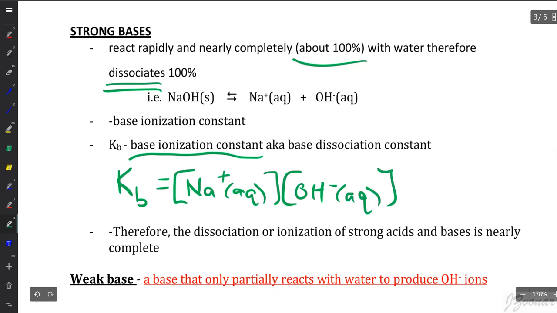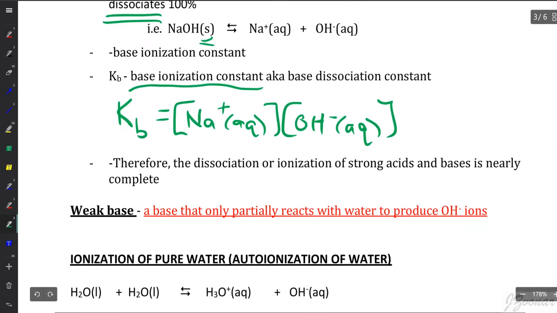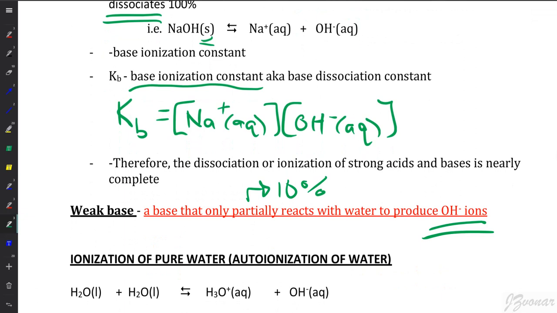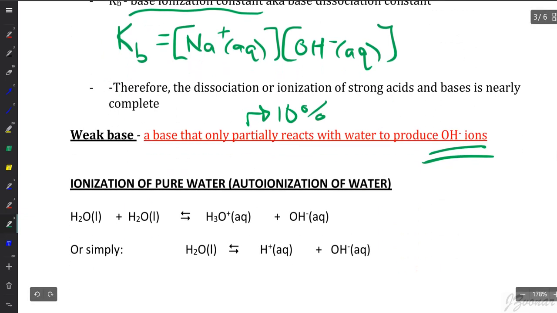So because it's a strong one, and you notice here that this is a heterogeneous reaction, this sodium hydroxide solid gets incorporated into my Kb constant. Okay, so the strong acids and strong bases are always going to go to completion. Weak bases are only going to partially react with water. Once again, it's only about 10% to produce these hydroxide ions. Okay, so we will talk a little bit more about them in the next lesson.